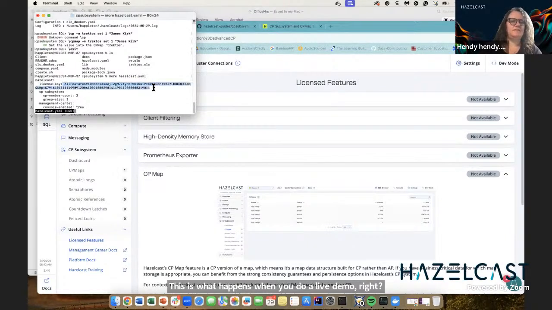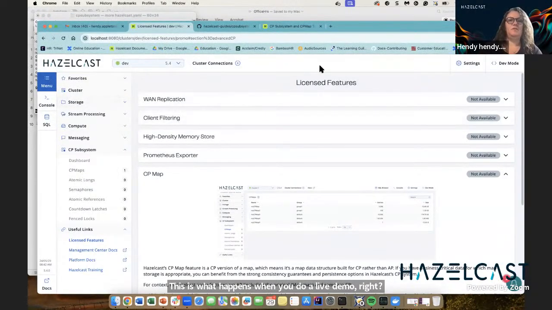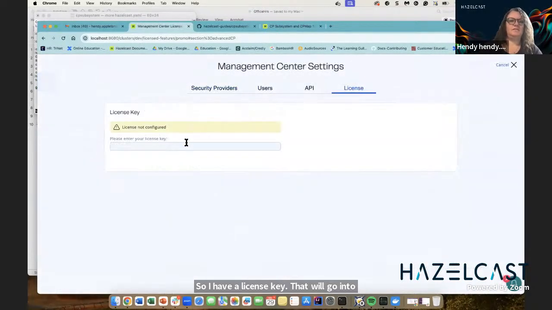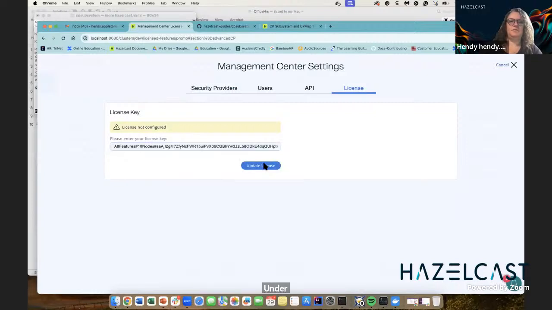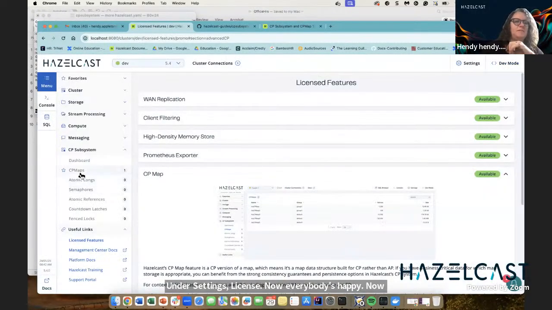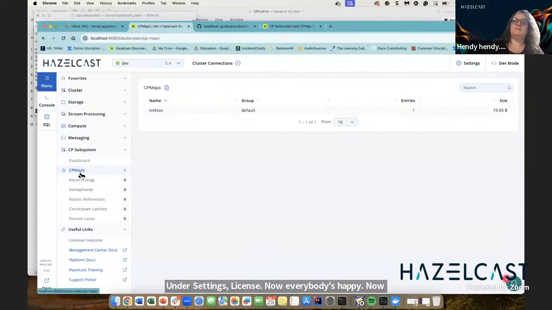So I have a license key that will go in under settings, license, boom. Now everybody's happy. Now let's try this again. CP maps. And there's my CP maps. Sorry about that.